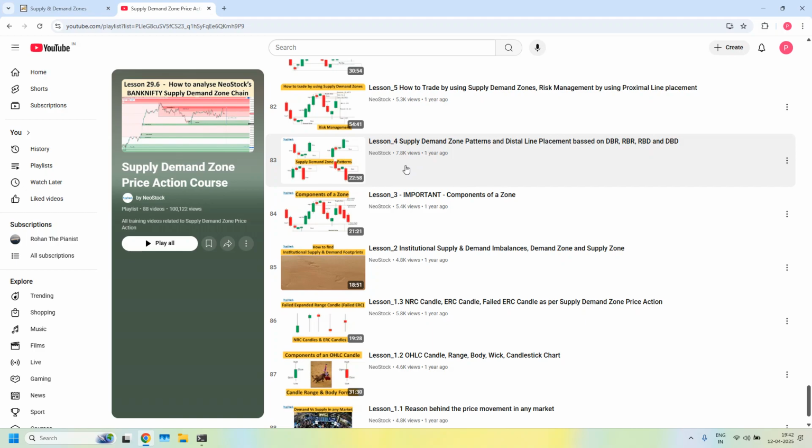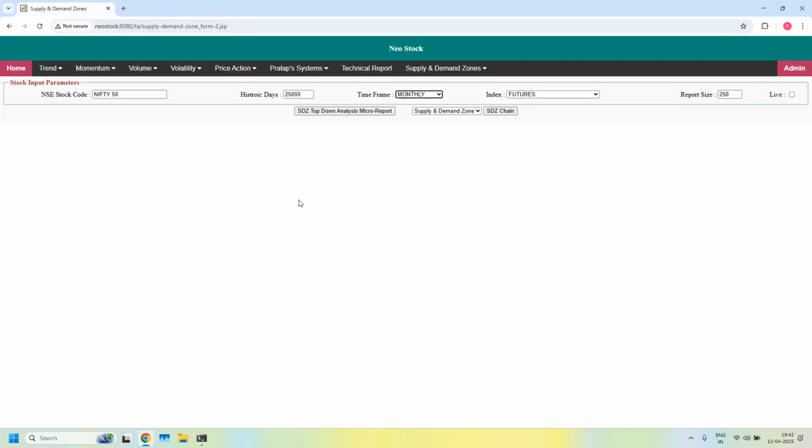Okay, now let's get into our report generation with the help of the NeoStock Software Supply Demand Zone Price Action Algorithm. The first reports I am going to generate are the NIFTY and then BANKNIFTY Supply Demand Zone Chain. After that, I will find the stocks near demand and supply zones, and we will identify daily and 75 minutes HLQ zones.